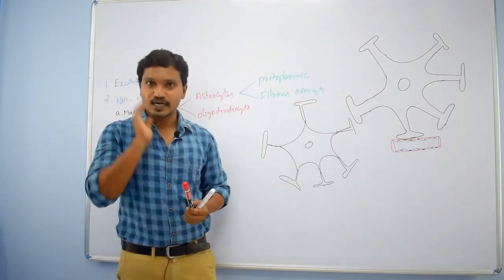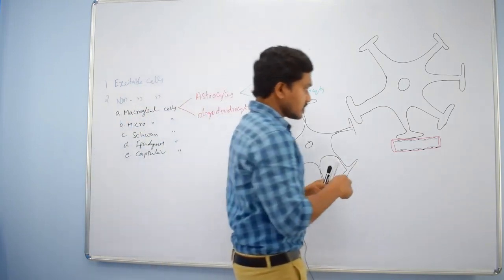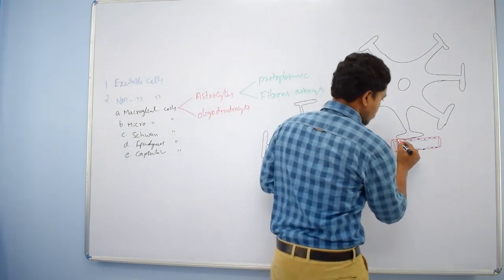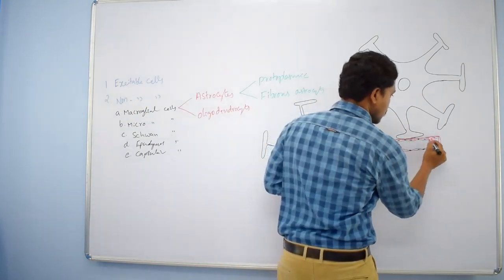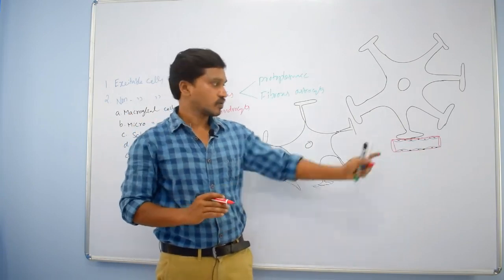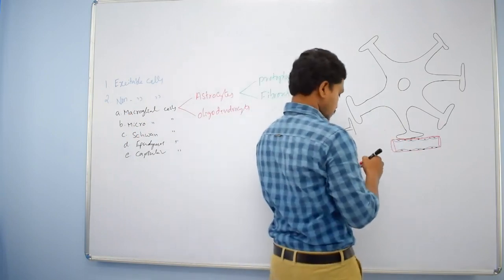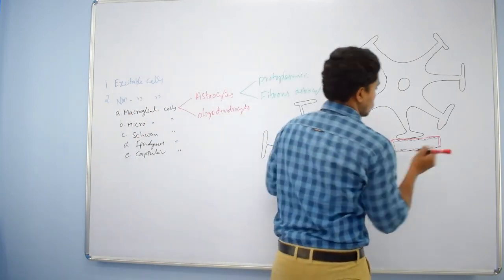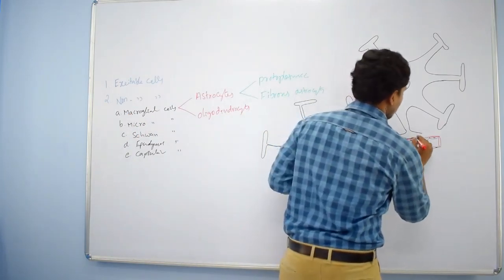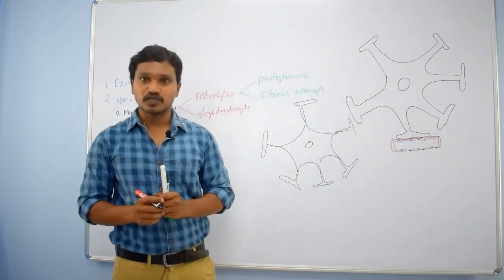That is one layer of the gate or barrier, and the second layer is connective tissue, that means the basement membrane of capillaries. Next, the plate-like foot processes of astrocytes.